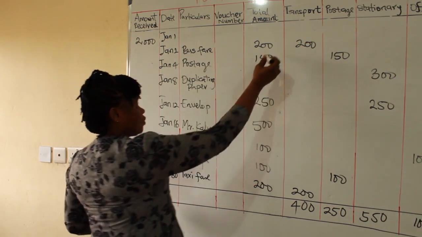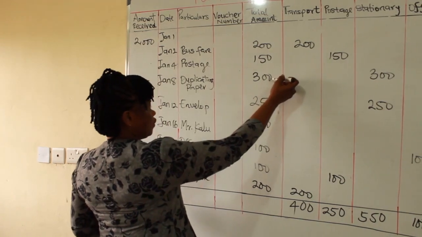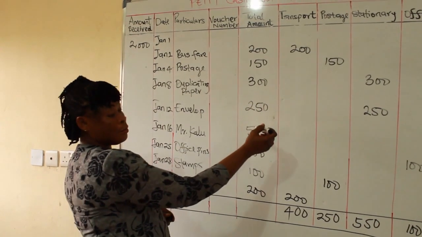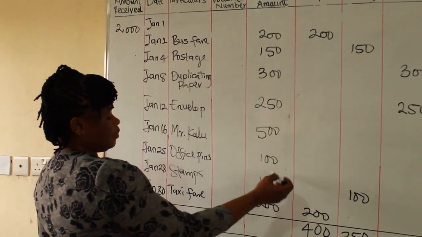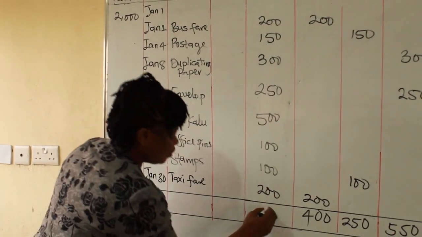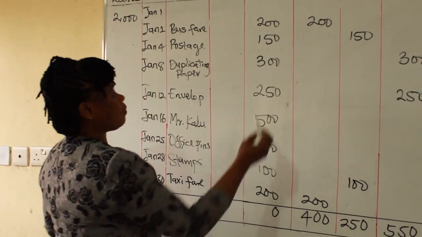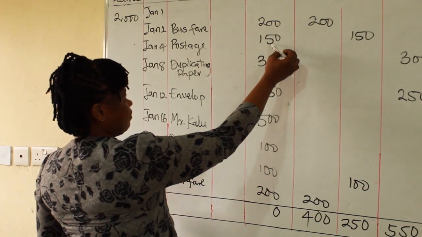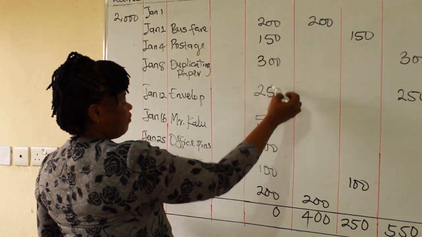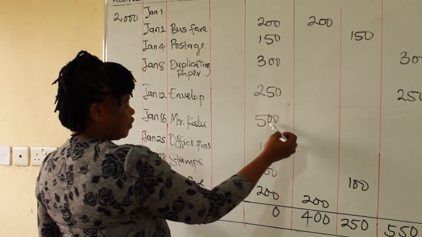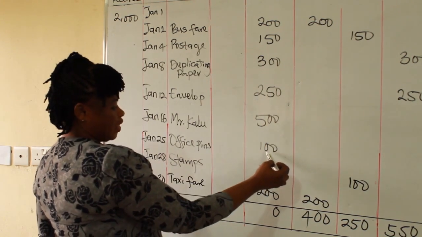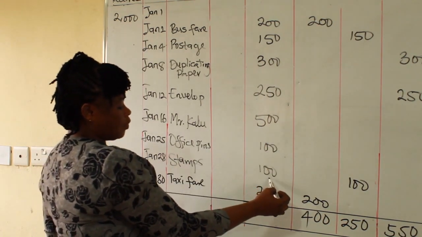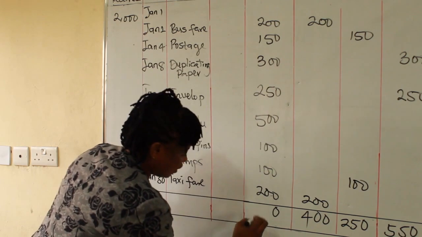Now we add up. 0 plus 0 plus 0 plus 0 plus 0 plus 0 plus 0 and plus 0 is 0. 0 plus 5 is 5, plus 0, 5, plus 5 is 10, plus 0 is still 10, plus 0, 10, plus 0, 10, and plus 0, 10.